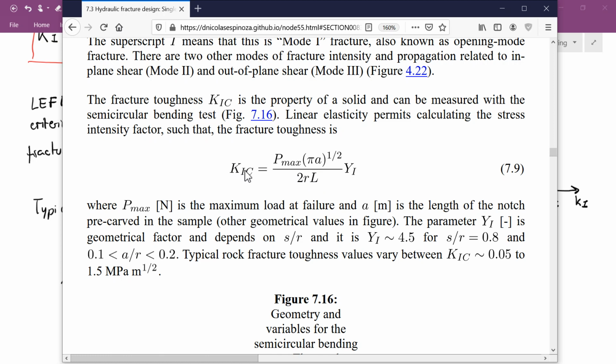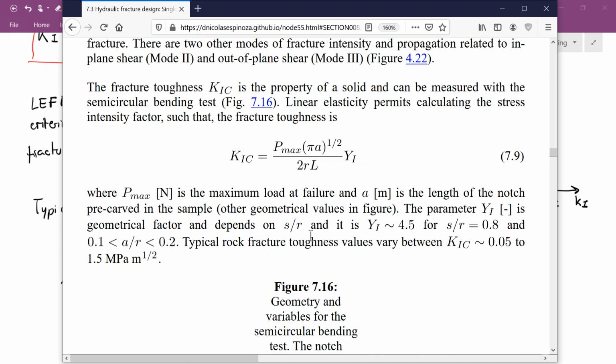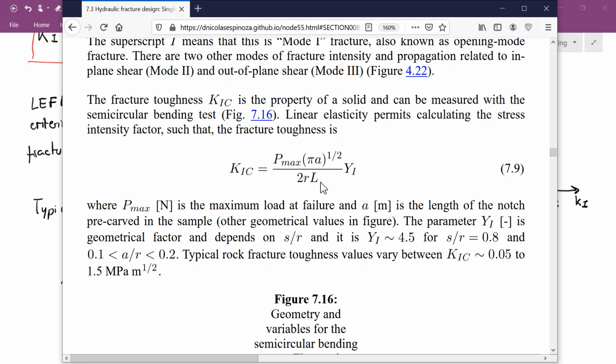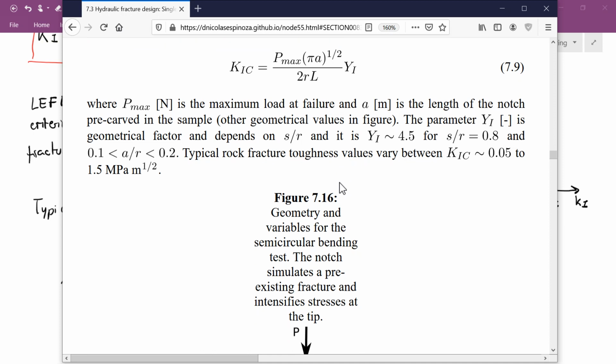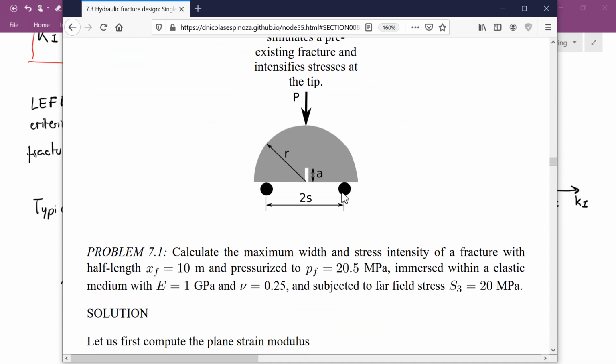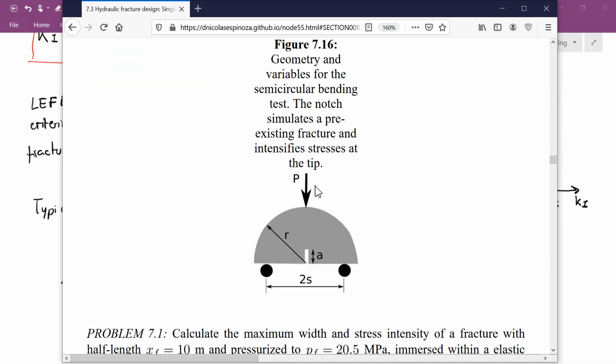For example, this is the fracture toughness as a function of the force applied, and as a function, notice here, of the length of the notch, in this case called A, and other geometrical factors. But this can be done in the laboratory, and it is actually done. It is how many times fracture toughness is measured in the laboratory.